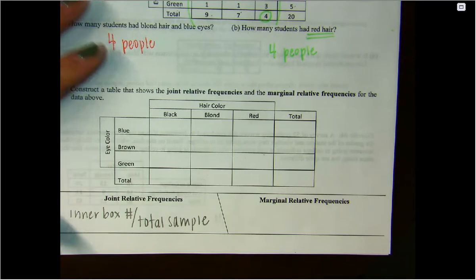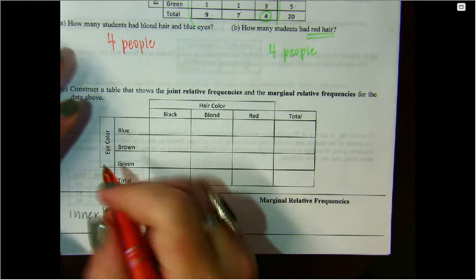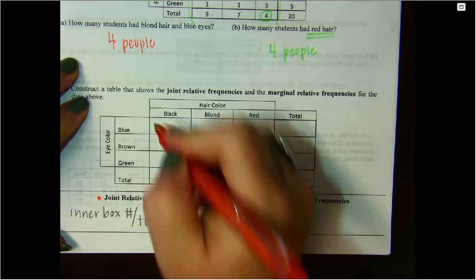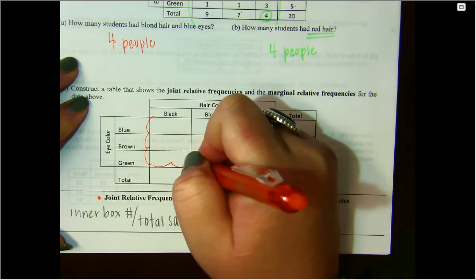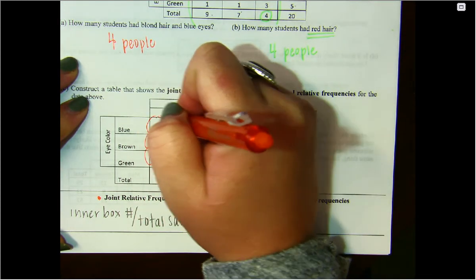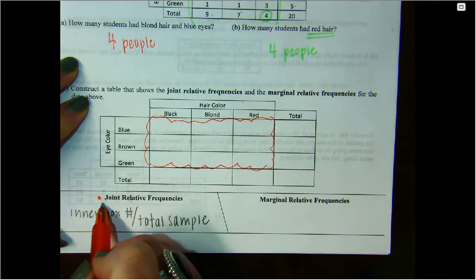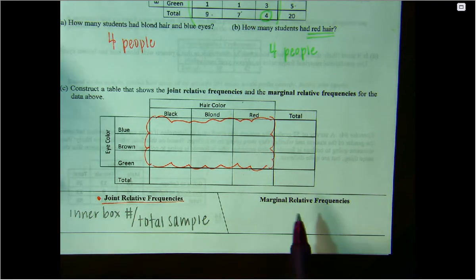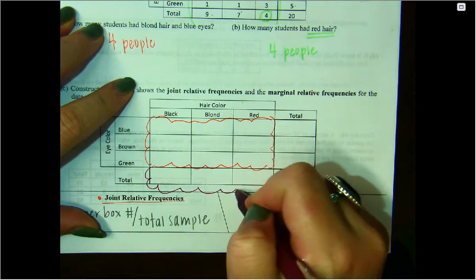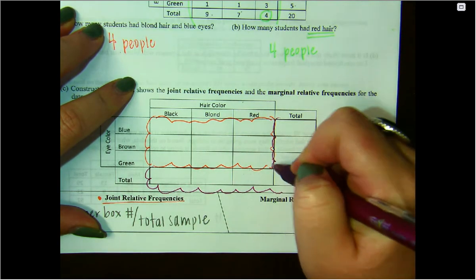So basically what we'll do is these ones in this color. It's all of these. So these are my joint relative frequencies. As opposed to my marginal relative frequencies, that's when you're going to take the total out of the total.